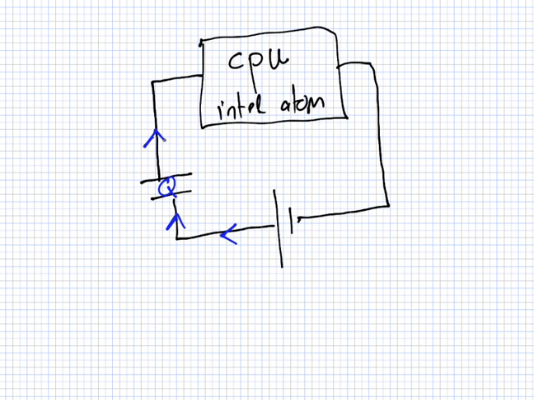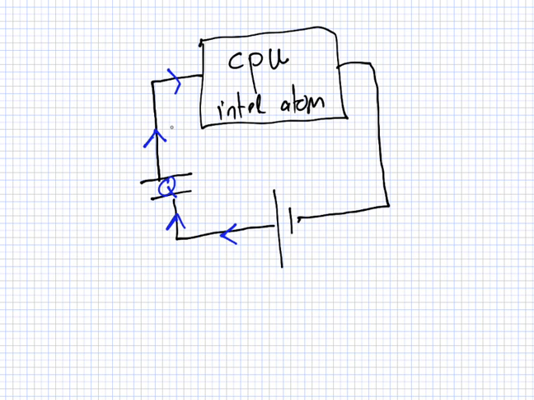But it doesn't really cause an increase in the voltage after the capacitor. In other words, the capacitor can act like a speed bump. If the voltage suddenly increases, it charges the capacitor up quickly.